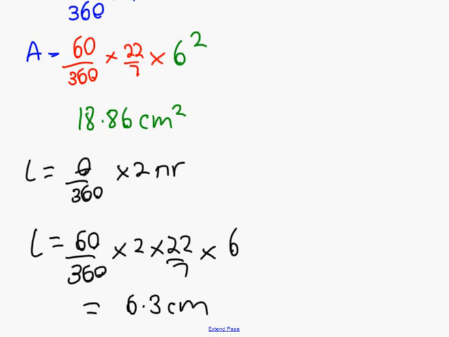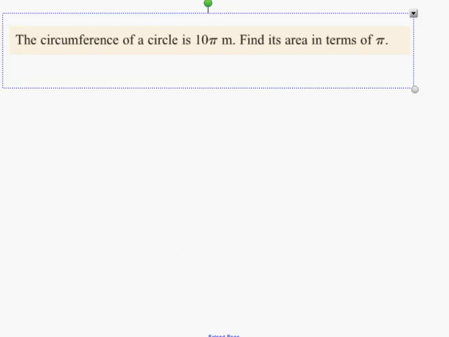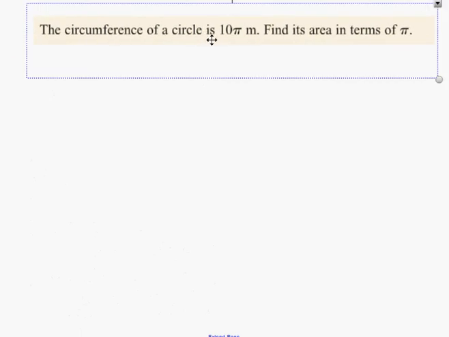Okay with that? Now, this one, guys. The circumference of a circle. Aaron, what is the formula for the circumference of a circle? Anybody know?